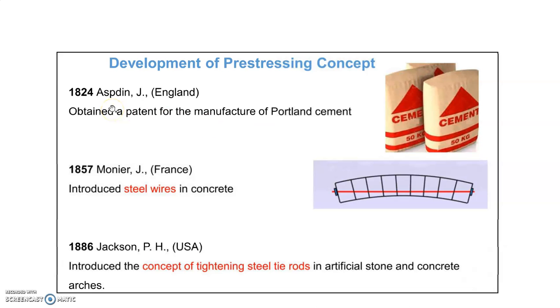In 1824, Aspdin developed a patent for Portland cement. In 1857, Monier produced steel wires in concrete. In 1886, Jackson introduced the concept of tightening the steel tie rods in artificial stone and concrete arches.